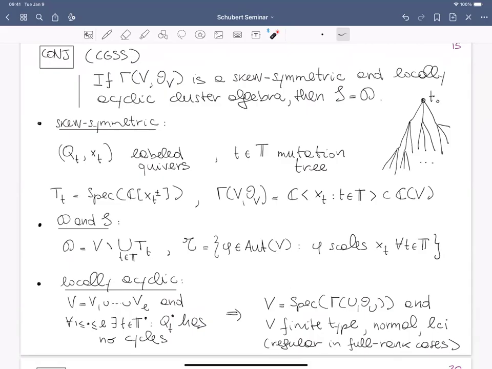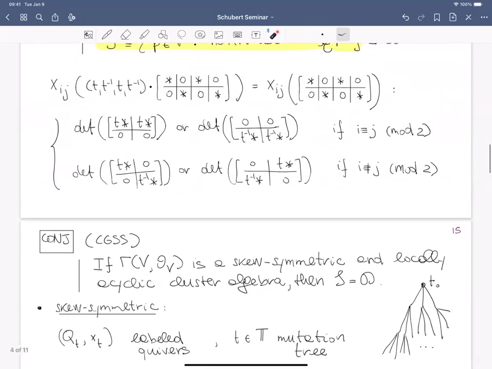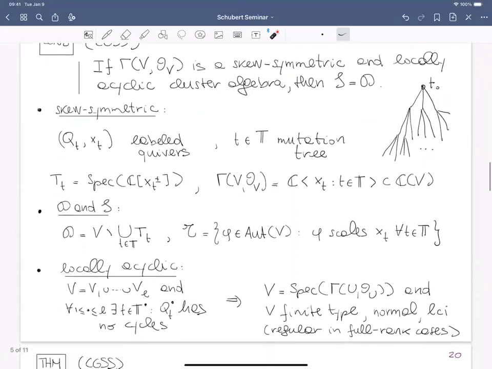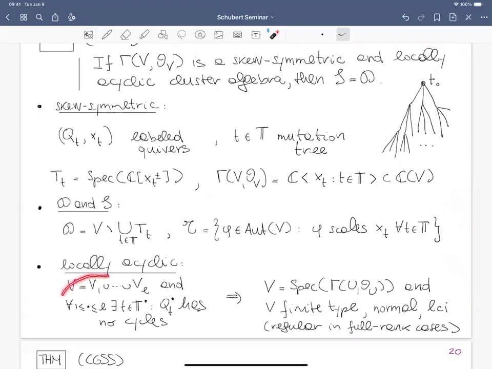Let me also say what locally acyclic means. So the example I was discussing earlier is a quiver that has no oriented loops. In general, we say that a cluster algebra is acyclic if at some point in the mutation process you see a quiver that has no oriented loops. Locally acyclic is a weakening of that. We only ask V to be covered by finitely many varieties that are clustered and such that each of them is acyclic.